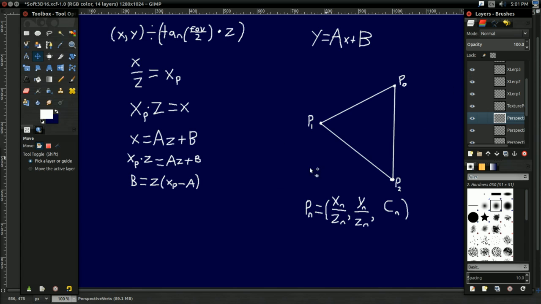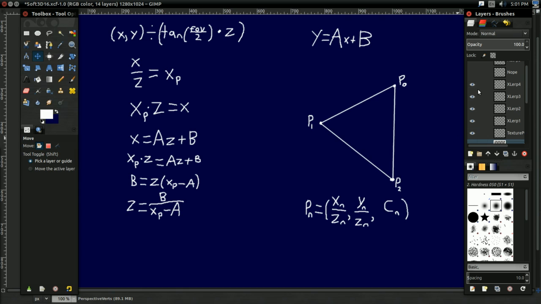I can subtract a times z from both sides and factor out the z. And then, all I have to do is divide by xp minus a, and there you go. I've got my equation for z. Now, I don't know about you, but that most certainly does not look like a linear equation to me. So, no, this is not linear.